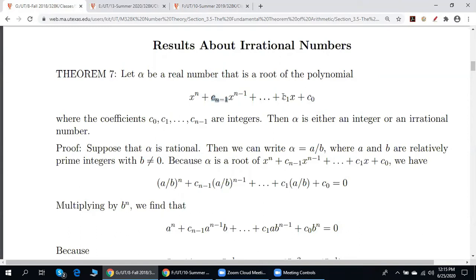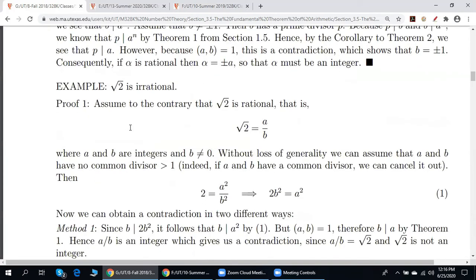All other coefficients are integers. So, if alpha is a real root of this polynomial, then there are only two possibilities. Alpha is either an integer or an irrational number. Before I prove this theorem, let us jump to applications.